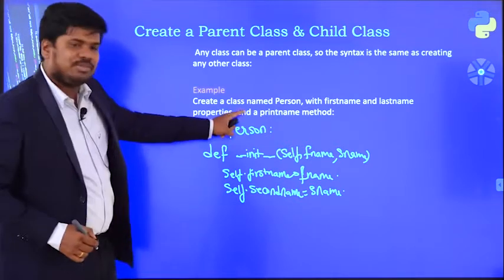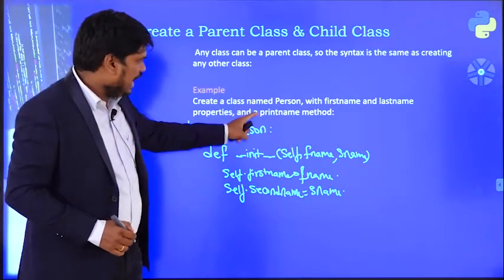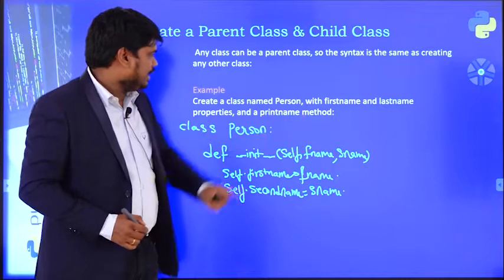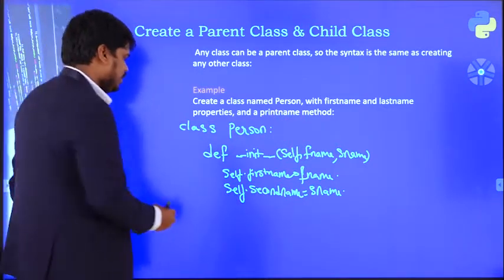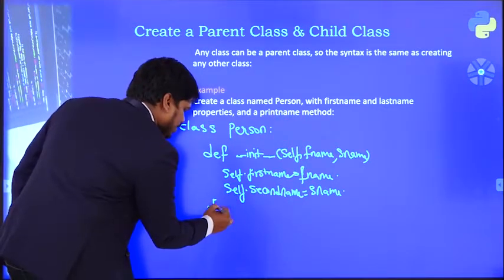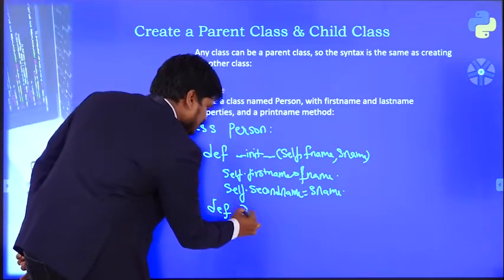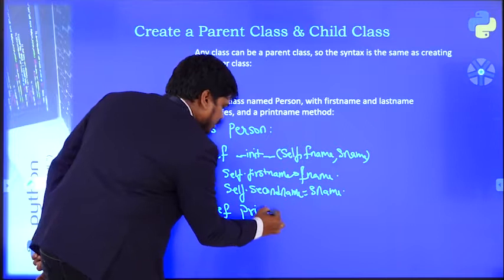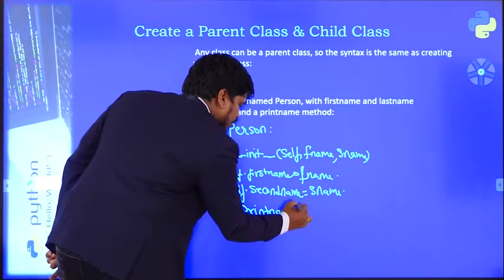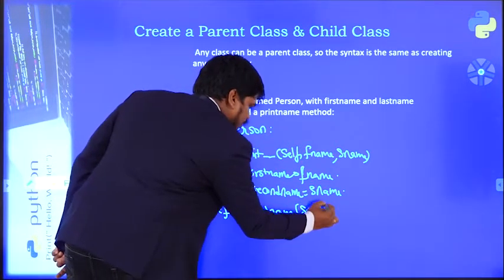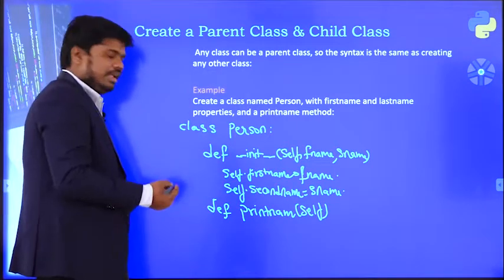Next, what is my requirement? A print name method. There should be a print name method. So what I'm doing here is writing one more method, def print name, and inside here I'm passing self. Next I want to print the names.